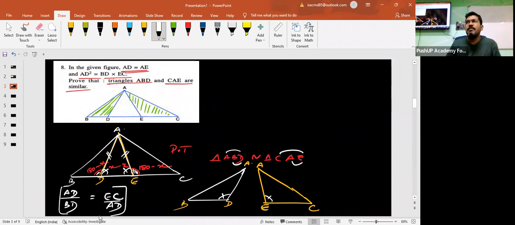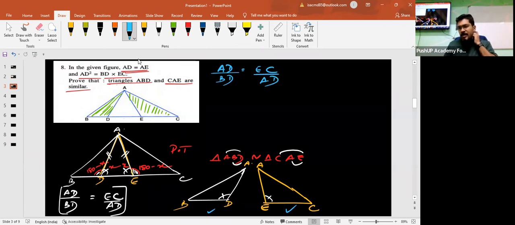I want to check whether it will work out or not. Now see, in these two triangles, children, ADB and AEC. I know AD upon BD is equal to EC upon AD. Children, don't you feel they have given you the ratios of? Now I'm going to plot it on the figure and show you.